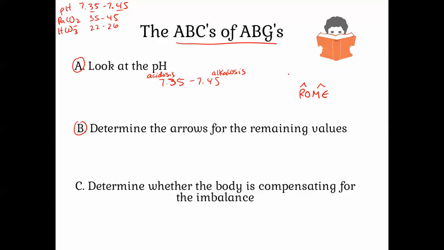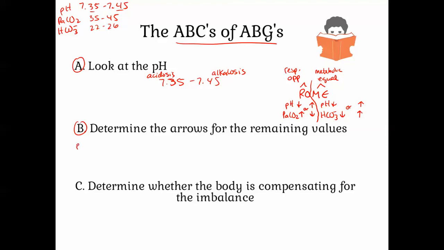RO standing for respiratory opposite, meaning that in a respiratory imbalance, the pH and the respiratory factor go in opposite directions. ME stands for metabolic equal, meaning that in metabolic disturbances, the pH and the bicarb, or the metabolic factor, go in the same direction.